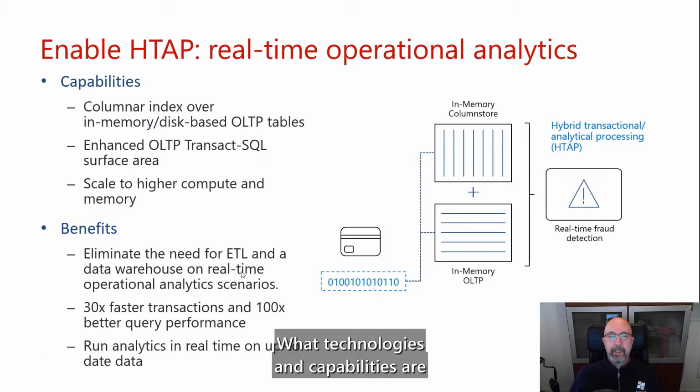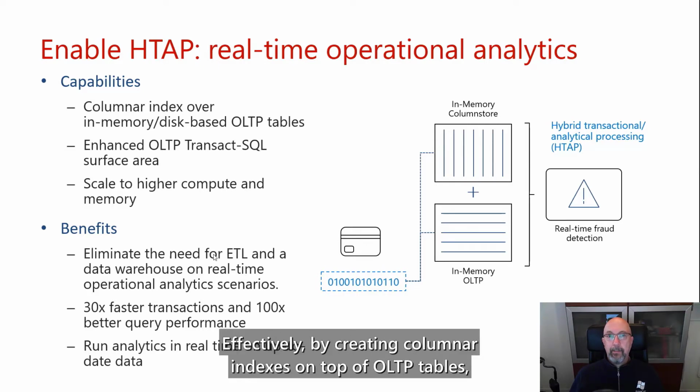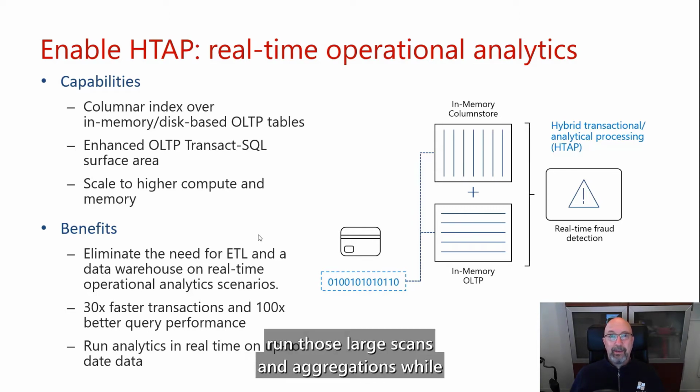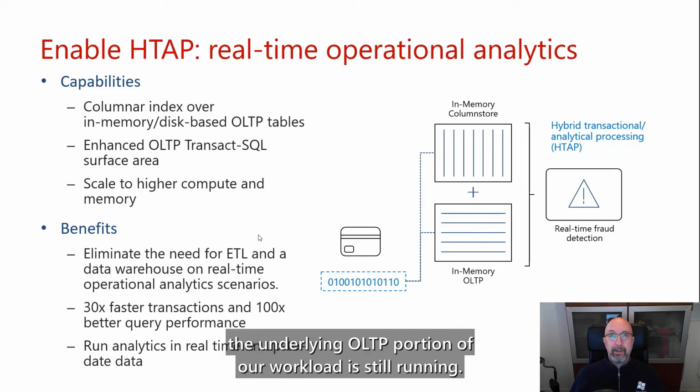So what technologies and capabilities are needed in order to enable HTAP solutions? Effectively, by creating columnar indexes on top of OLTP tables, either in-memory or disk-based, we can provide the ability to run those large scans and aggregations while the underlying OLTP portion of our workload is still running.